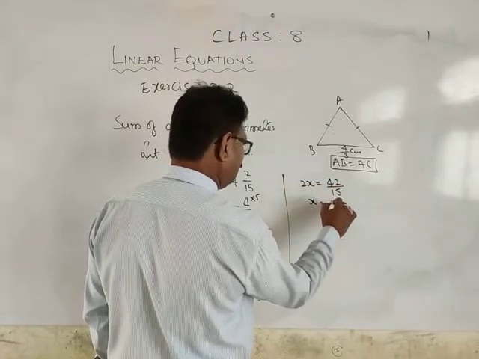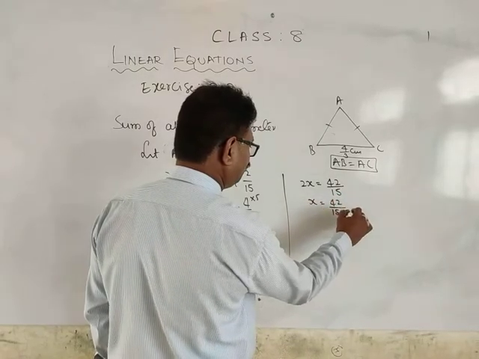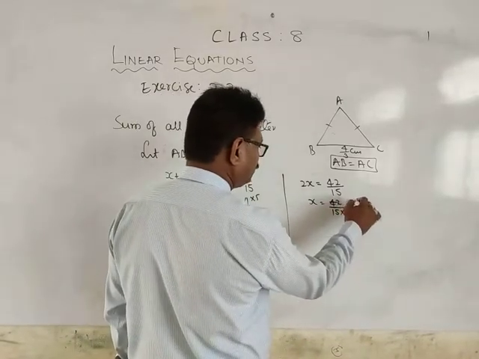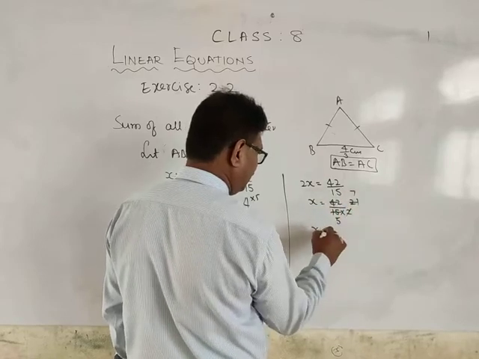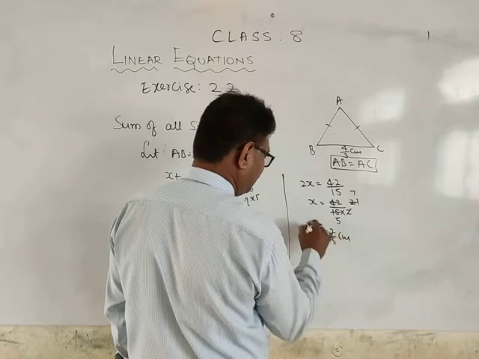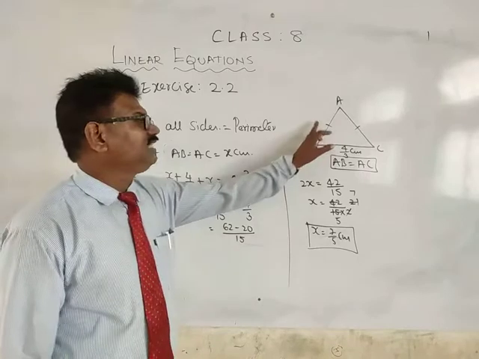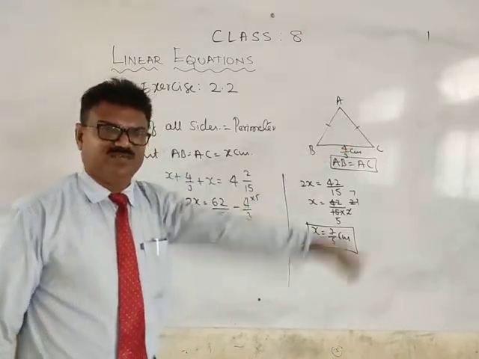Therefore x equals 42 divided by 15 into 2. Now simplifying, x equals 7 by 5 centimeters. What is x equal to? The side. So this is also 7 by 5 and this is also 7 by 5.